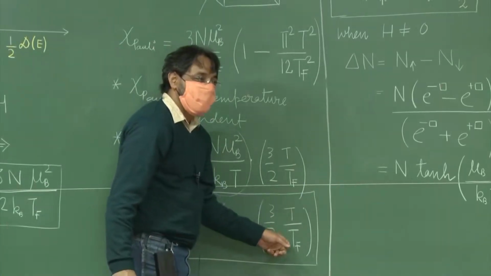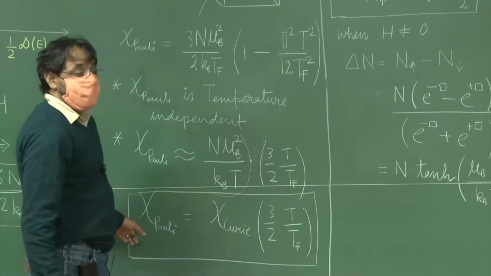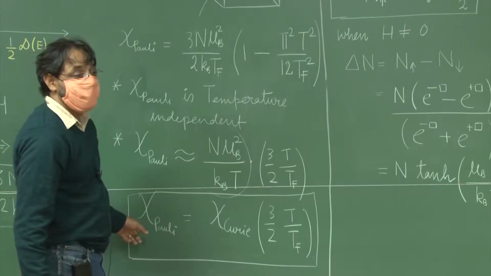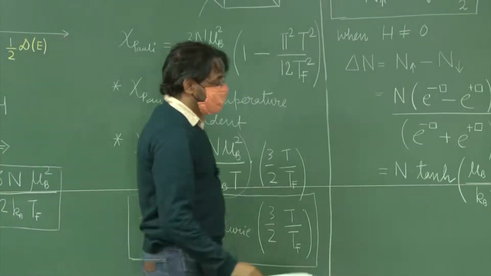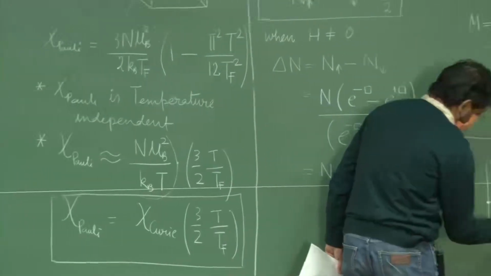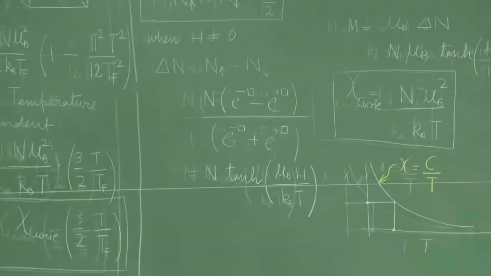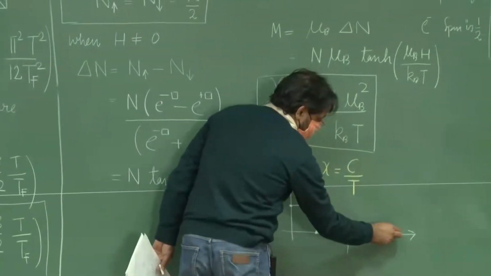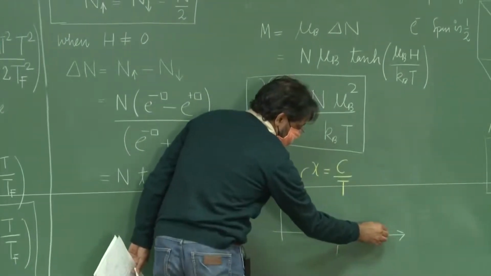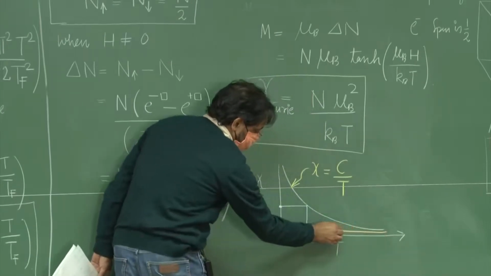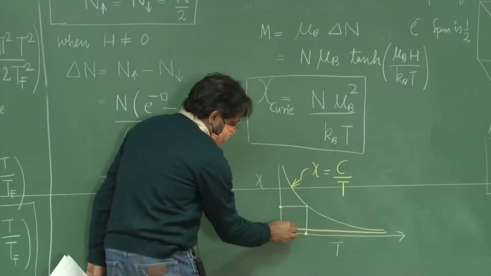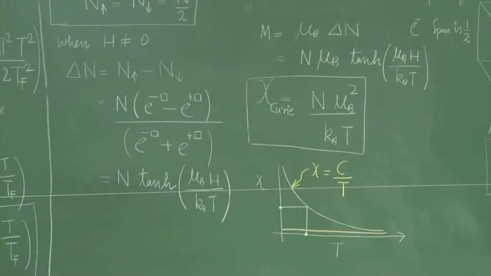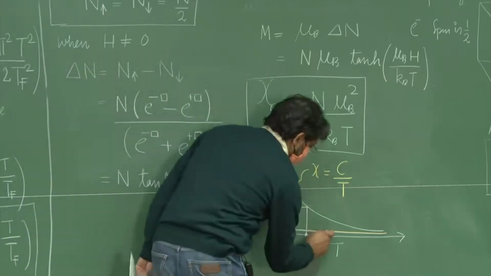So Chi Pauli will be 1 by 10 to the power 4 of Chi Curie at 1 Kelvin, as small as this. If this is your Chi Curie, then Chi Pauli will be somewhere here, and it's temperature independent. This is Chi Curie, and here is Chi Pauli.